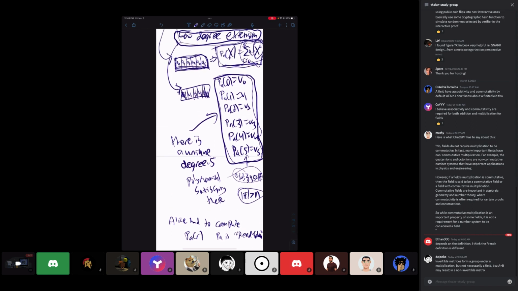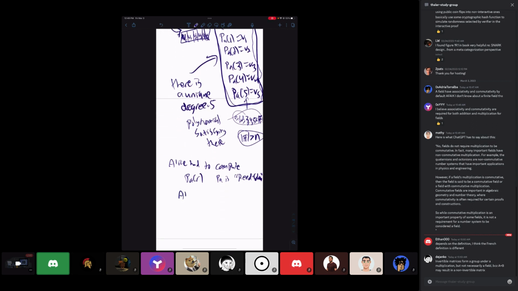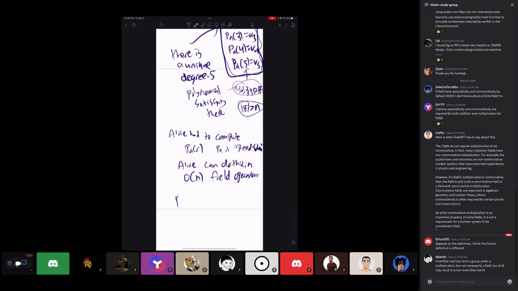There's a very straightforward way that Alice can do this in order n field operations. Remember, in this case, PA of R is the sum over i equals 0 to n minus 1 of A_i times x to the i, where now x is R.